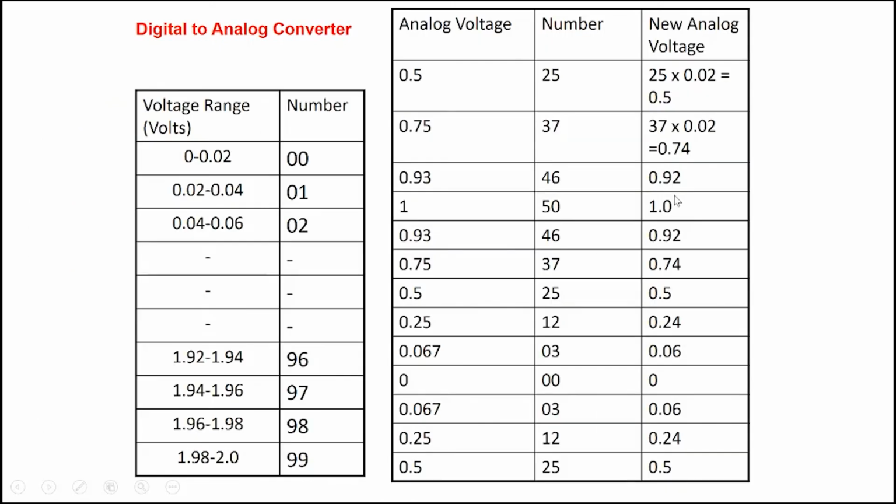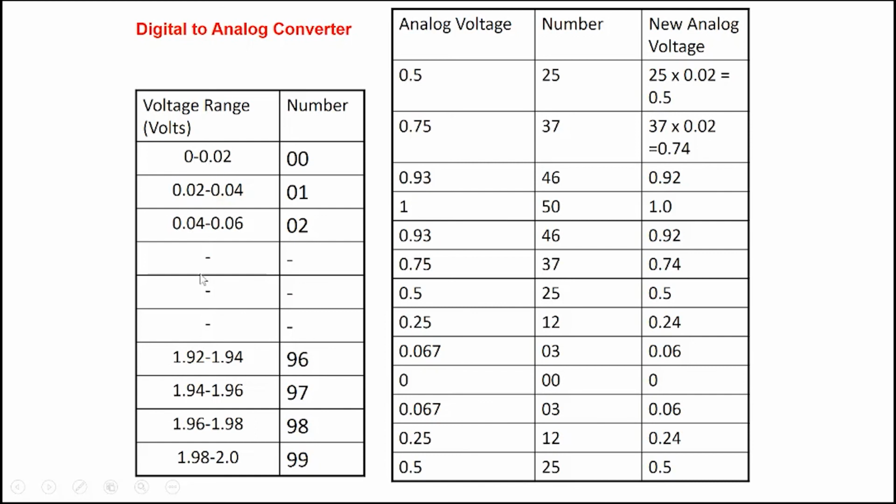But if we did a 2-digit quantization, we divide the whole scale from 0 to 2 volt in 100 parts. Each part is now 20 millivolt, because 2 divided by 100 is 20 millivolt.